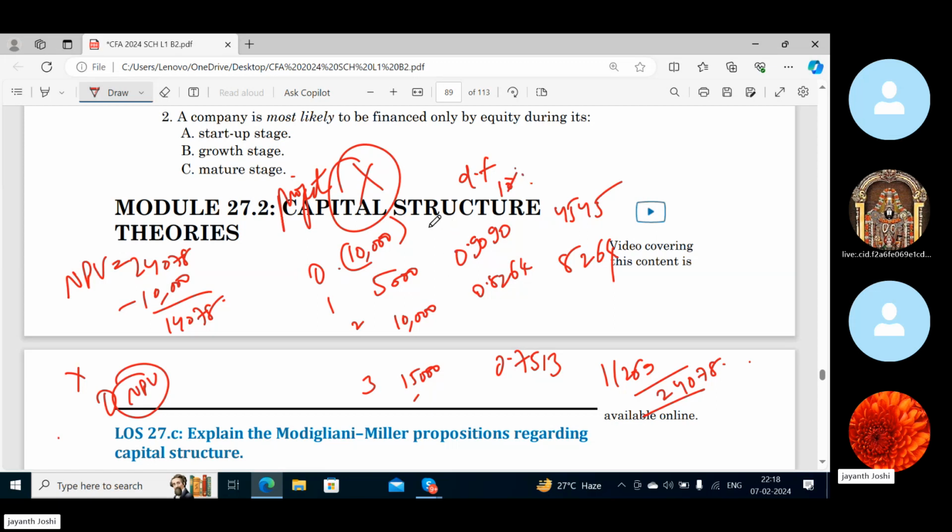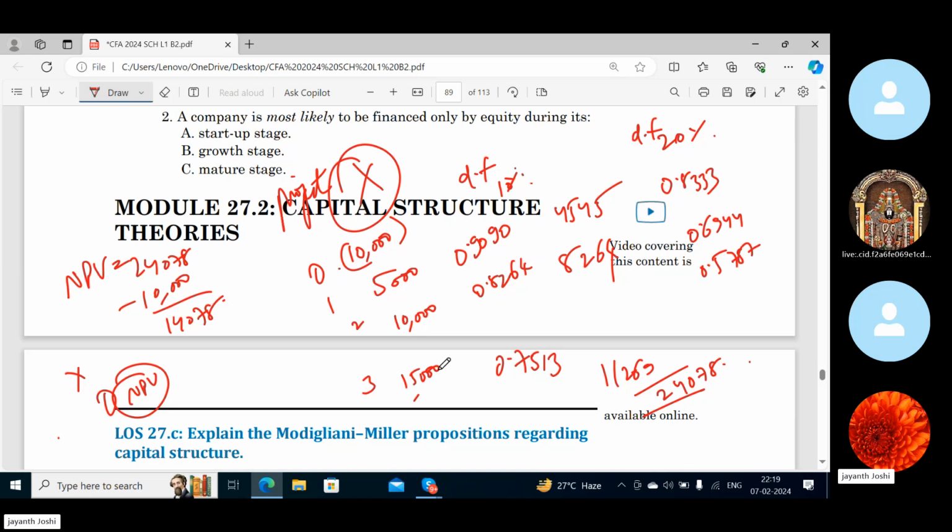So what is my IRR, or the rate at which the NPV of this project will be zero? I will take a higher discount factor. I'll take 20%. The discount factor is 20% now, so the discounted values are 0.8333, 0.6944, 0.5787.